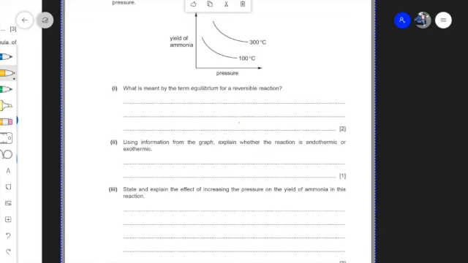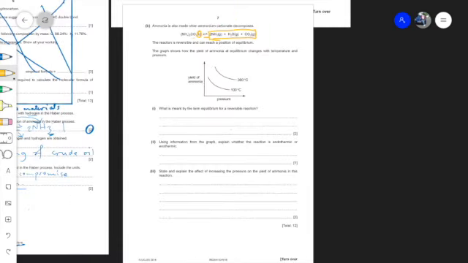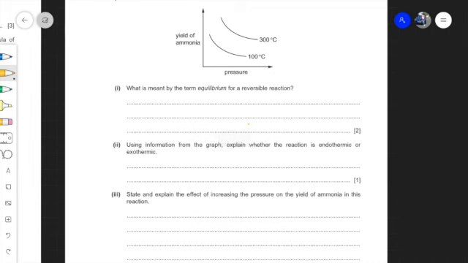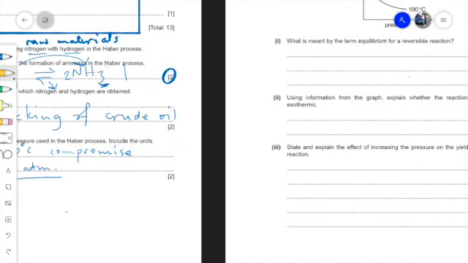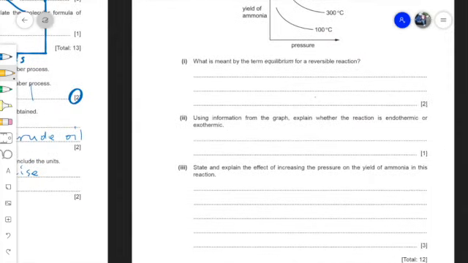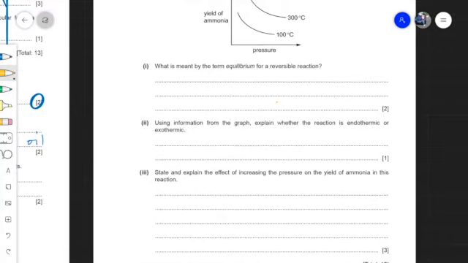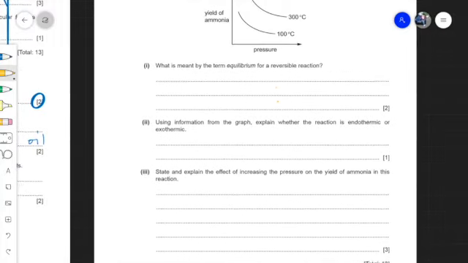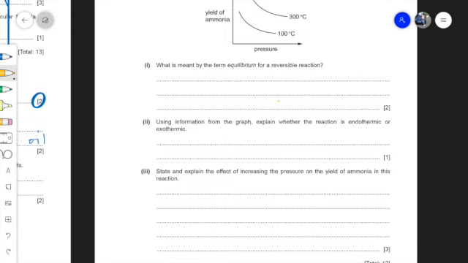So equilibrium is when, in an equilibrium reaction, we have got the rate. We have 2 marks.